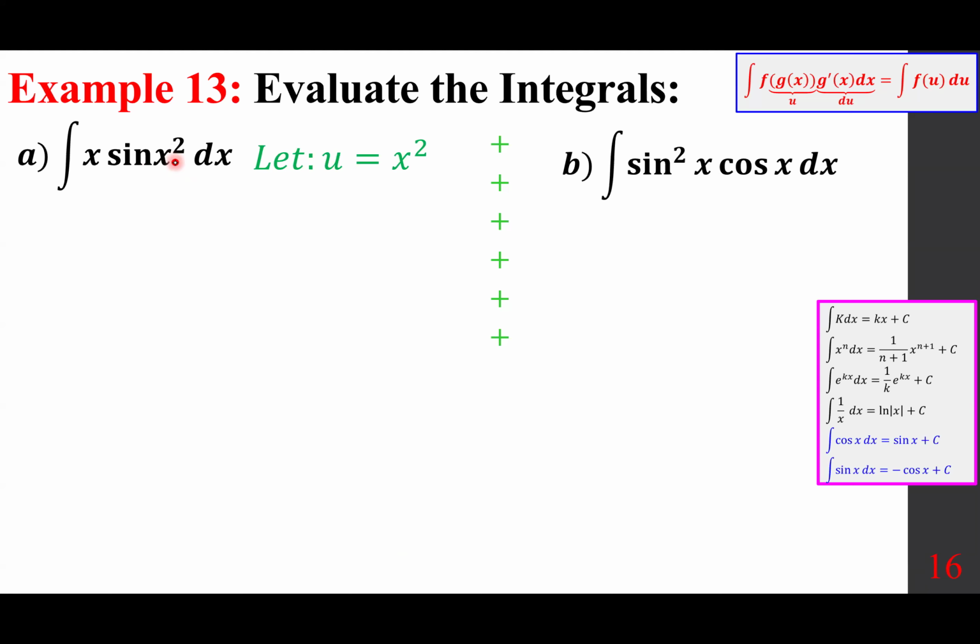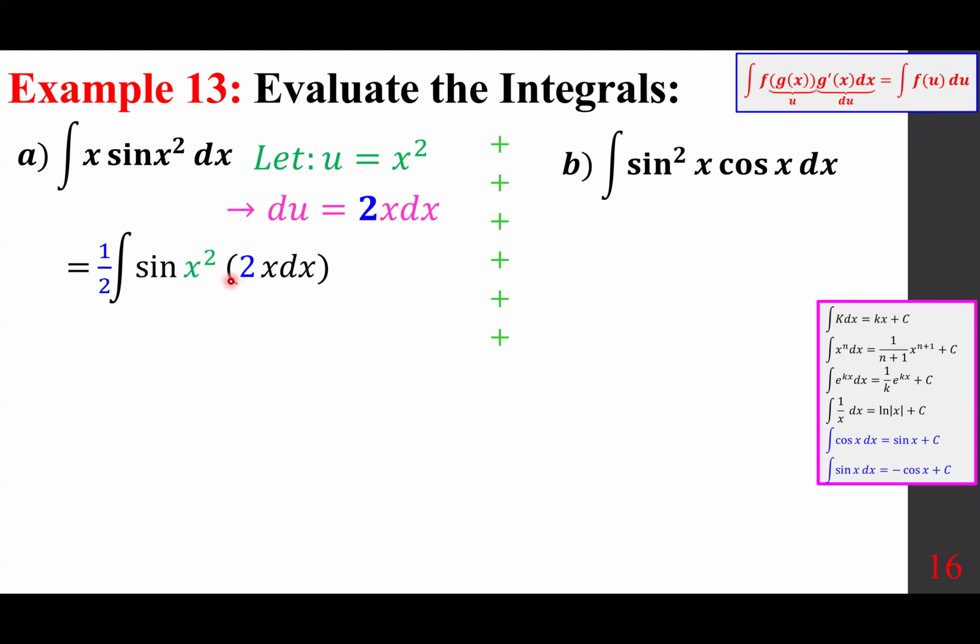Therefore, du is 2x dx. We move the x next to x squared to make sure we see what's going on, and we notice everything is in order except number 2 is missing.